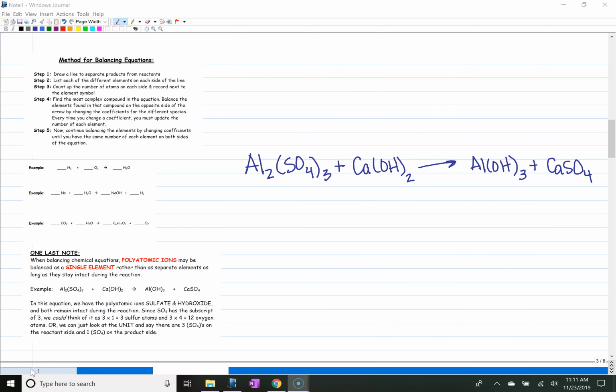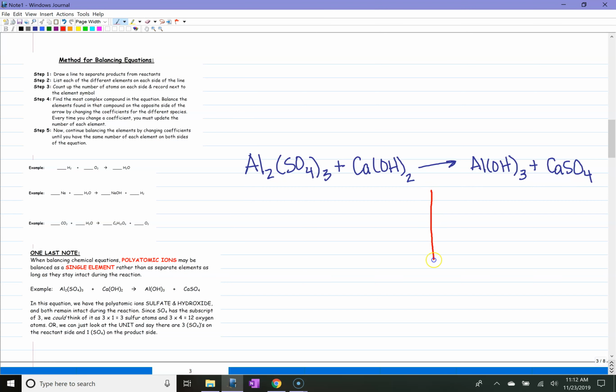Now remember, I said you want to try to keep polyatomics as a group instead of breaking them down into their single elements. Since we have sulfate on the reactant and the product side, and we have hydroxide on the reactant and the product side, we can do that for this reaction.